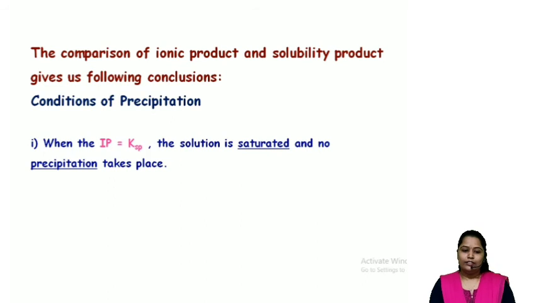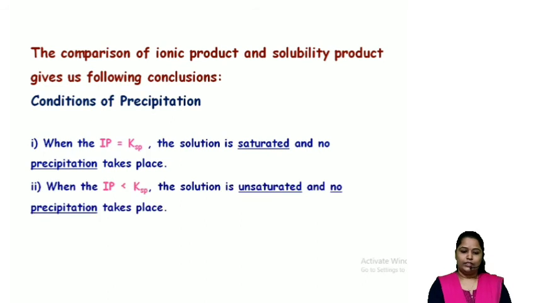Second, when ionic product is less than solubility product, then the solution is unsaturated and no precipitation takes place.